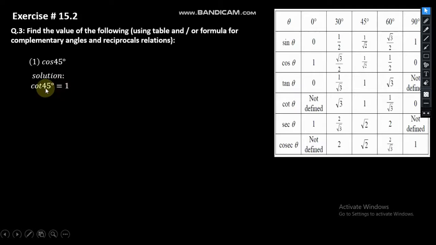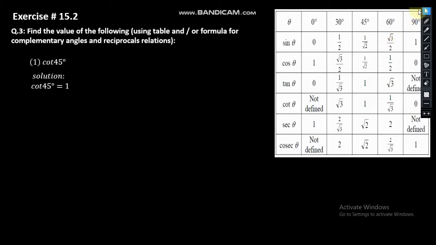This is the formula for cot 45 degree, which is equal to 1. Now next question.